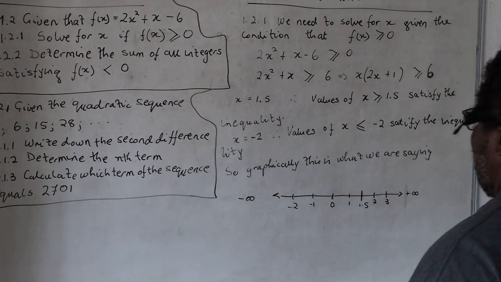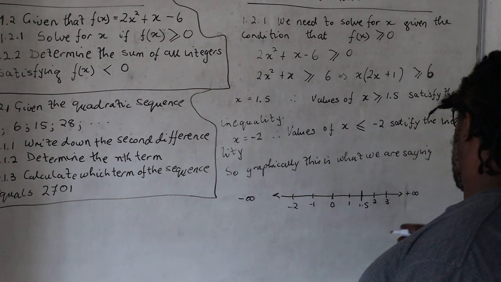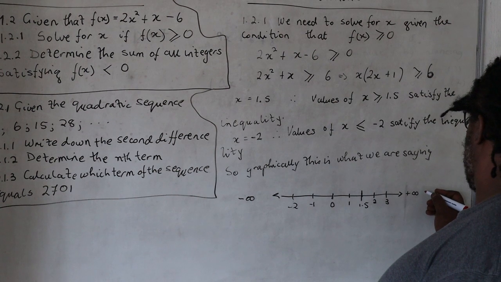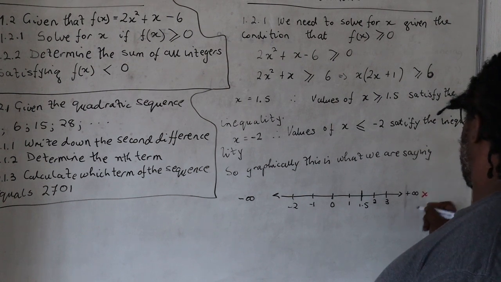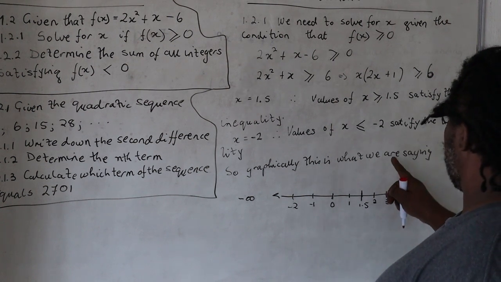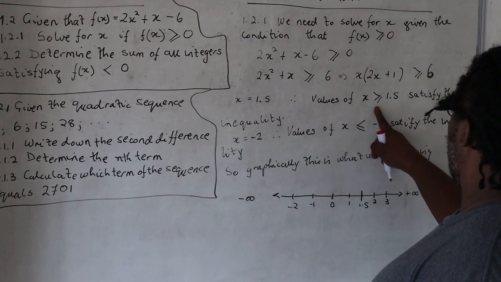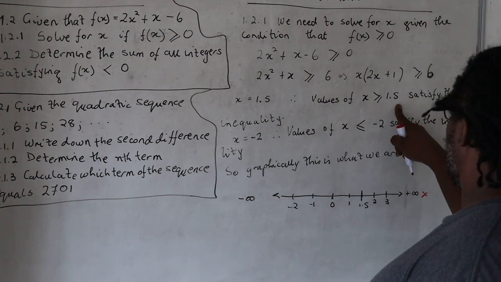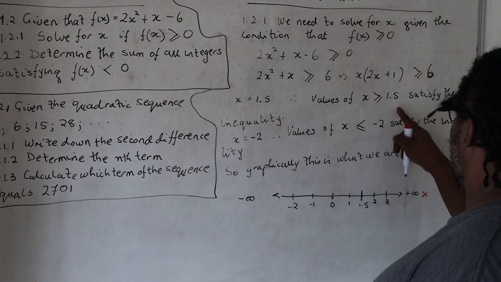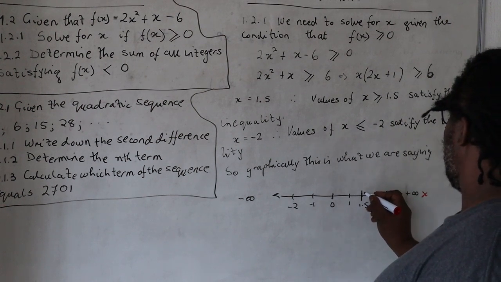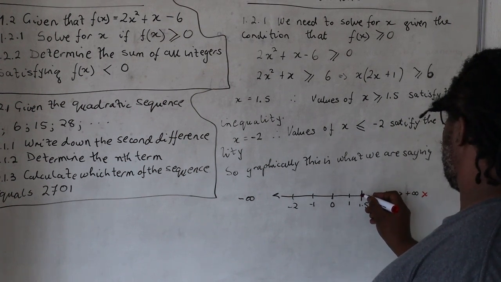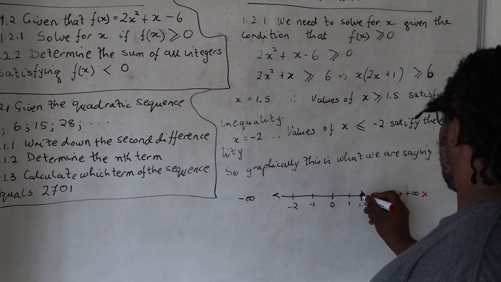We can say this is x. What our inequality is saying is that if x is greater than or equal to 1.5, we put a red solid circle there.